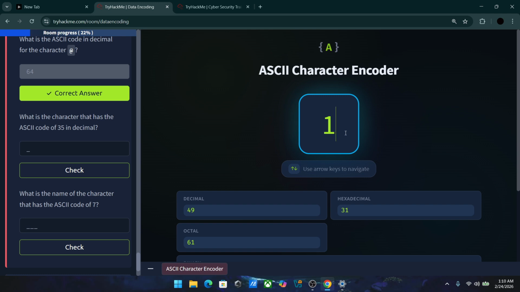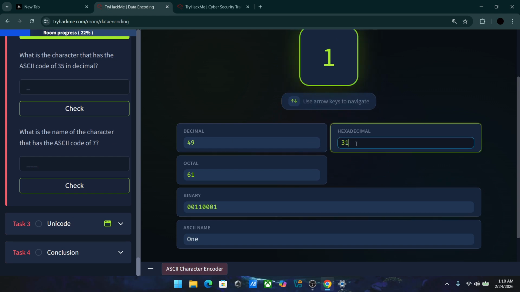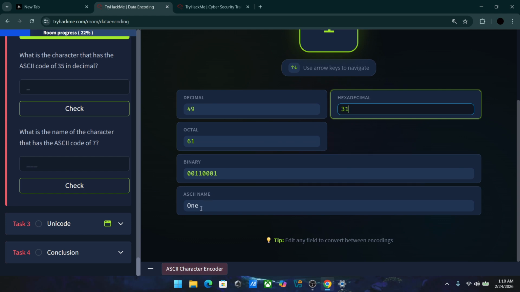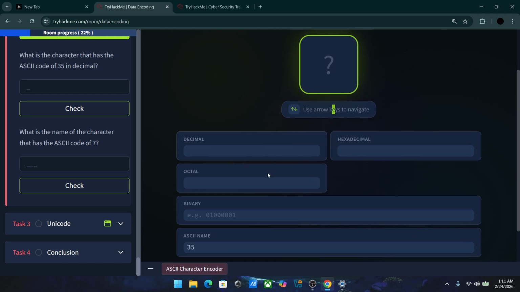No. What is the character that has an ASCII code of 35? 35. Let's see. We cannot use that.